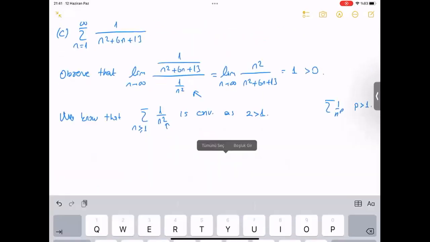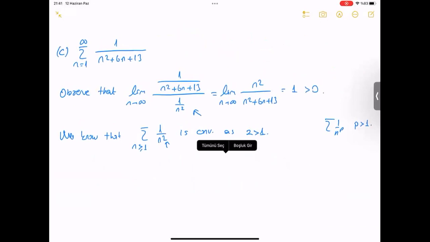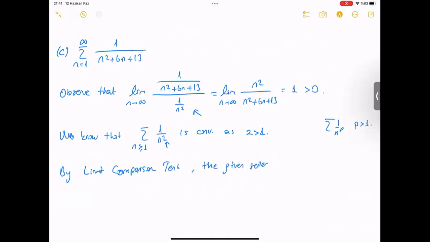Then the limit comparison test says that the given series is also convergent. Hence we're done by the limit comparison test. The given series is also convergent.